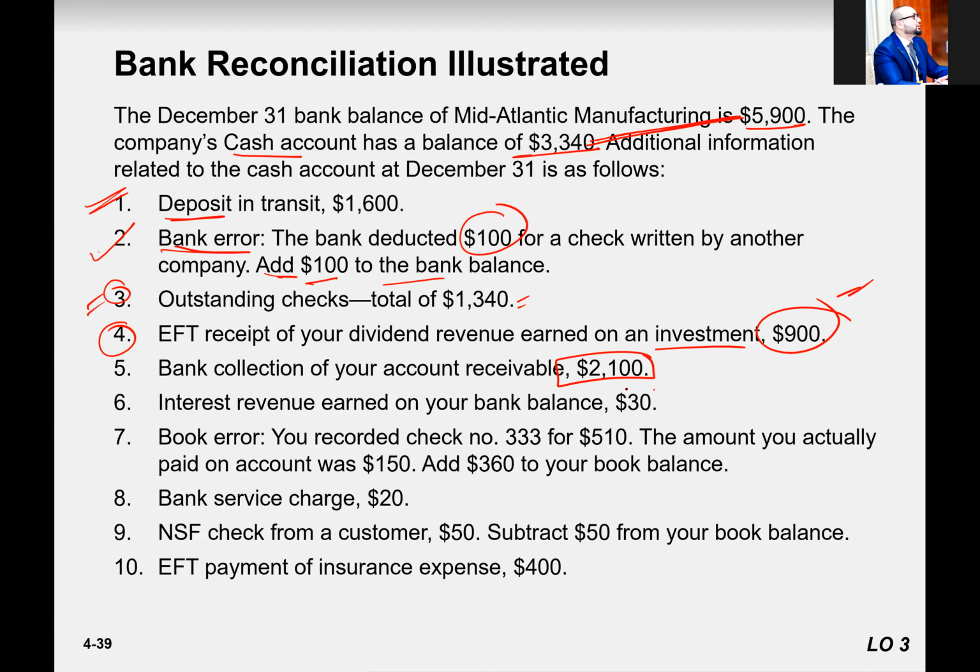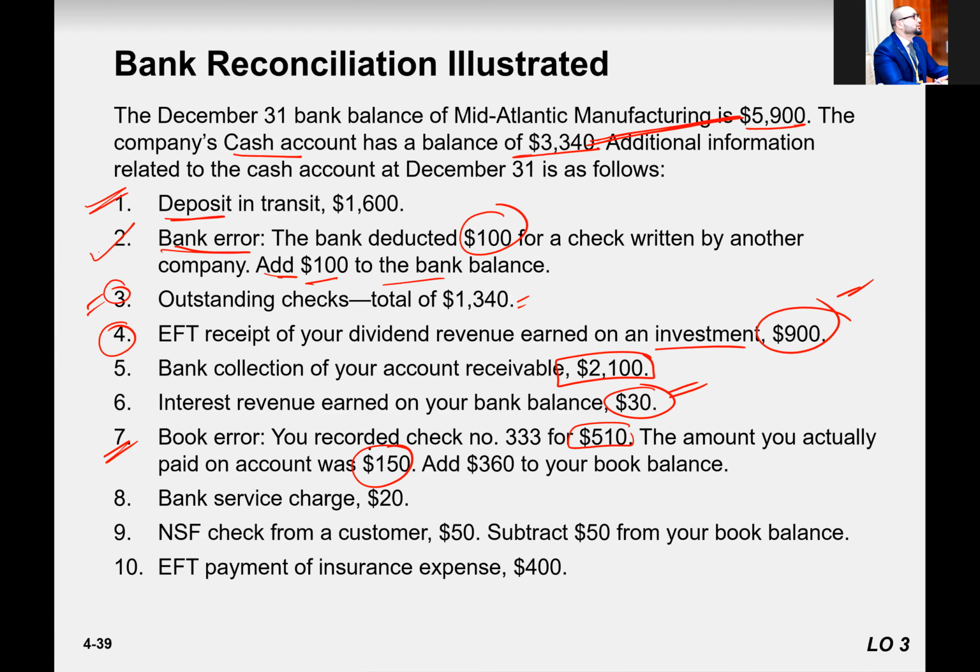Interest revenue earned: your book balance does not include this $30. Plus you made an error. You wrote down the check as 510, instead the amount was 150.